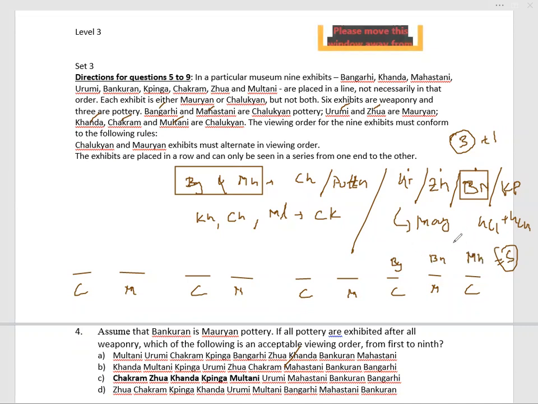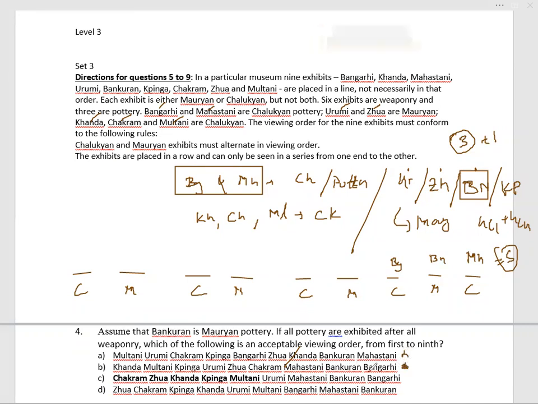Although these two can be swapped. So last 3, BG, BN, MH, where we have? Not this one. Not this one. BN must come between, it's not this one. This is a possible one.